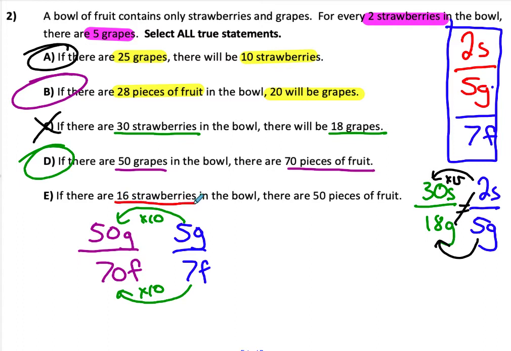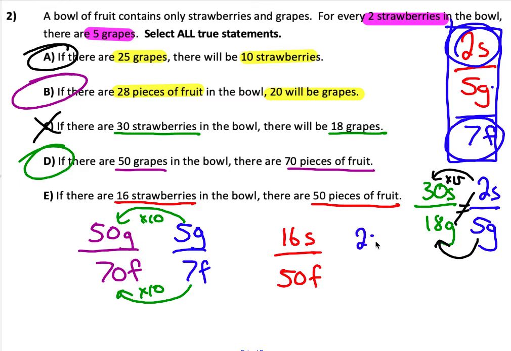Last one, 16 strawberries to 50 pieces of fruit. Notice how I'm just putting that letter next to them so I kind of remember which number goes with which type of object. Then I'm going to go back to my given information, 2 strawberries and 7 pieces of fruit.